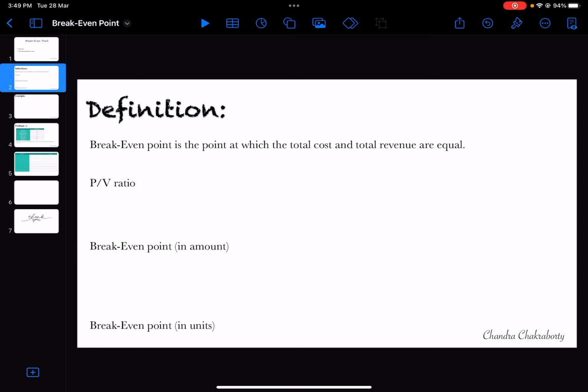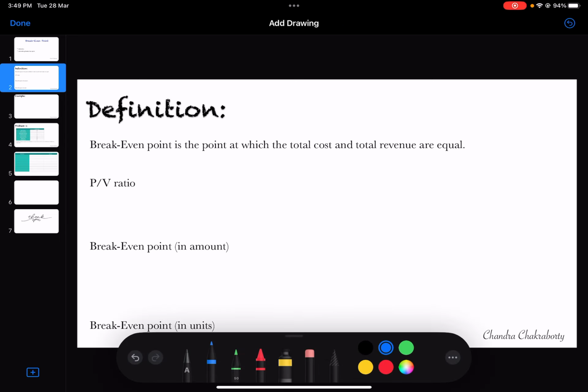Now, when we are talking about break-even point, we need to understand how do we calculate them, right? The first thing that comes is PV ratio, that's profit per volume ratio. So how do we calculate this PV ratio?